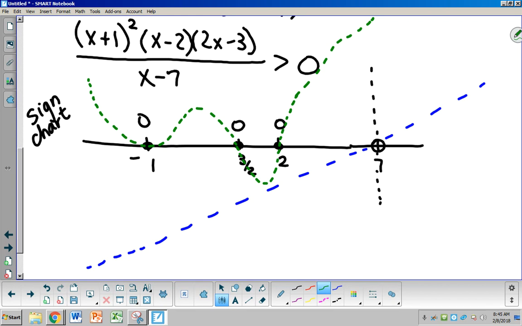All right, so let's do our sign chart. What do we get? A positive divided by a negative, negative, negative, positive, negative, and positive. And I want to know when this is greater than 0. Non-inclusive.